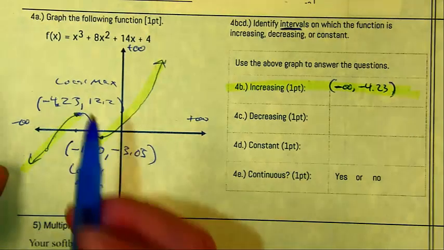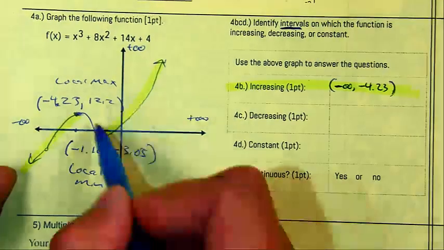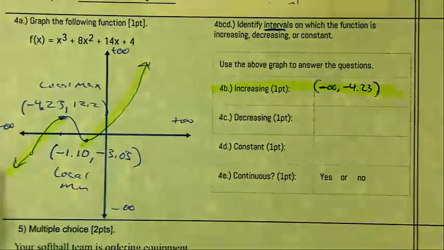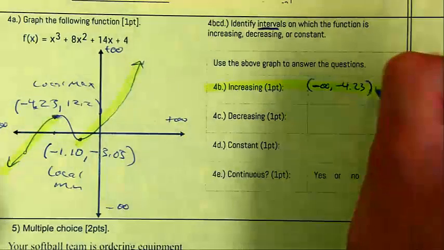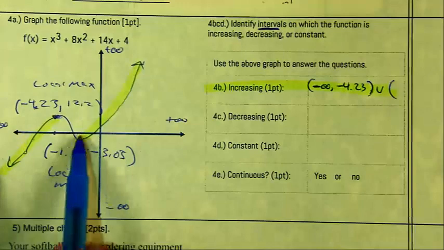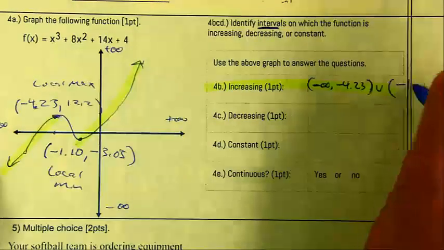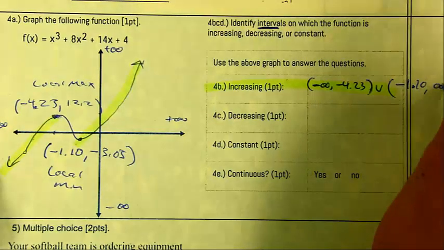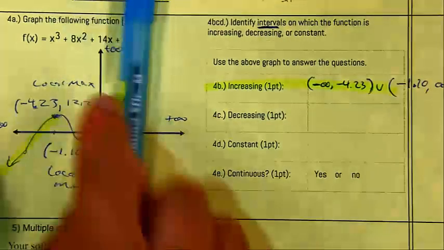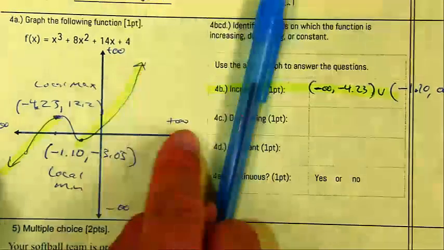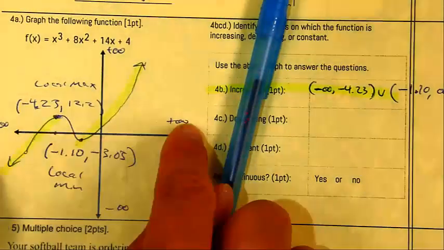You're kind of just sitting there sometimes. Now in this graph there is two parts of the graph where it is increasing, so we're going to do union at negative 1.10 to the last thing you touch is an arrow. Regardless if it's going up or down, we're focusing on this axis, so that would be positive infinity.